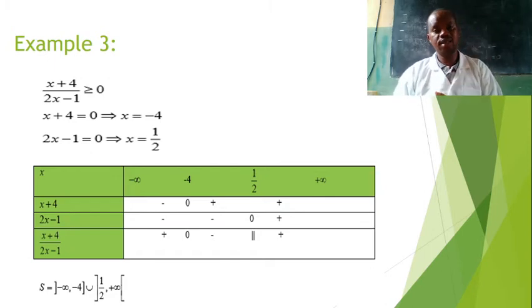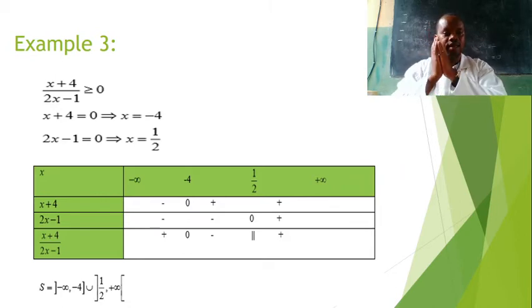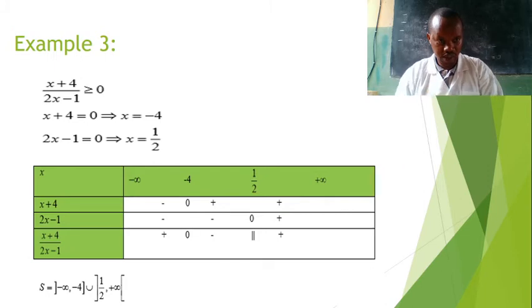In this case, it is slightly different from the two previous examples. We look for the values which are making the numerator equal to 0, and also the values which are making the denominator equal to 0.